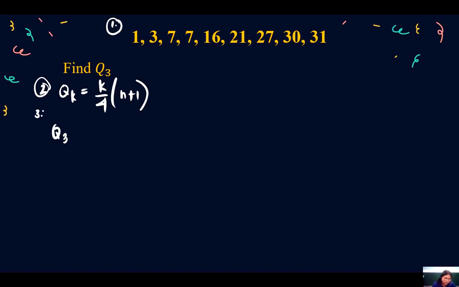So the step 3, we're going to find the value. Okay? Again, this formula is for Mendenhall and Sincich method. Kasi we are going to get the estimate position.